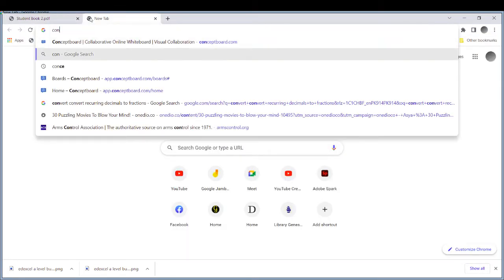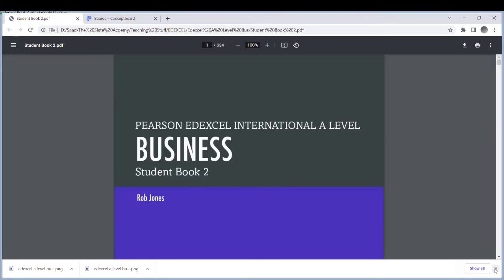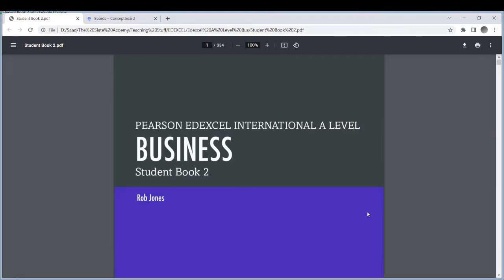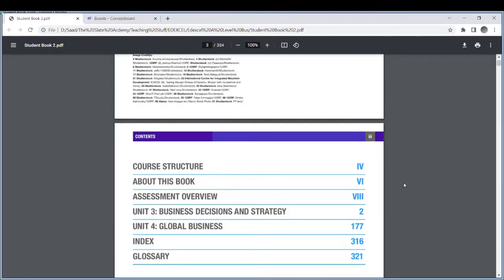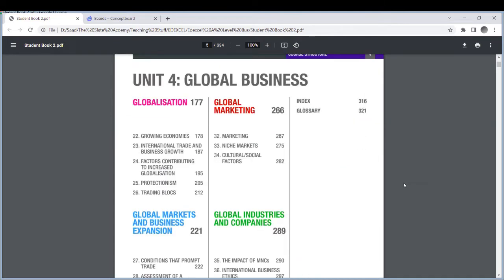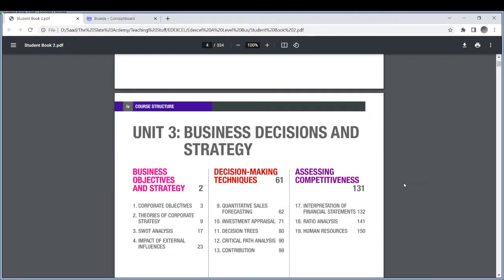And I need to open the set board as well. So how much do we have left? Interpretation of financial statements and then ratio analysis. Good. 133.